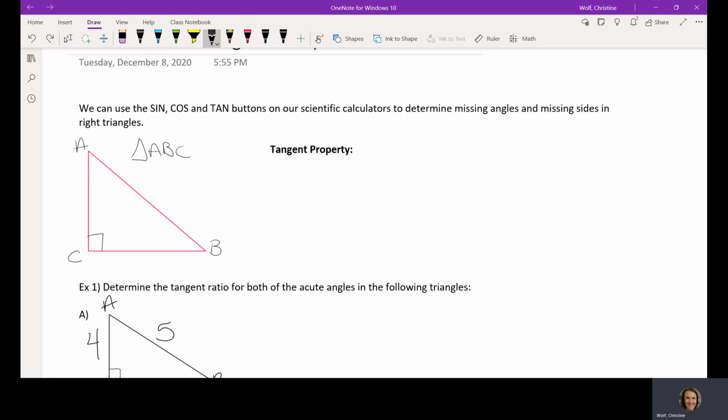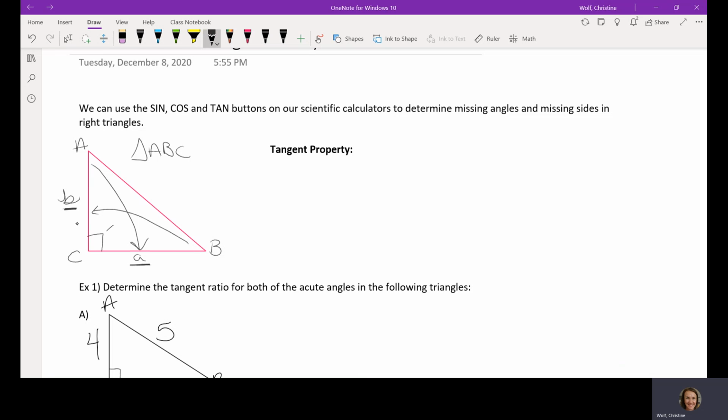Typically, if we want to also label the sides, whatever the opposite angle is, so the opposite angle to this side here is A. What we call this side is also A, but lowercase a. Similarly, if I wanted to name this side, because it's opposite of angle B, I would call it lowercase b.